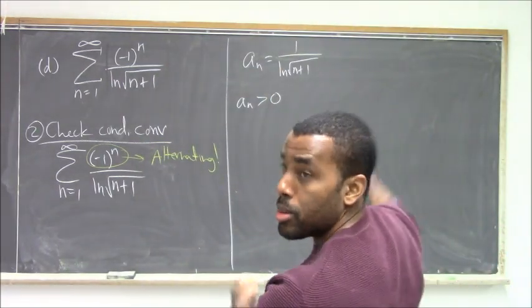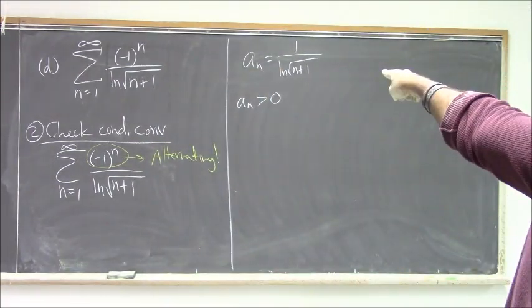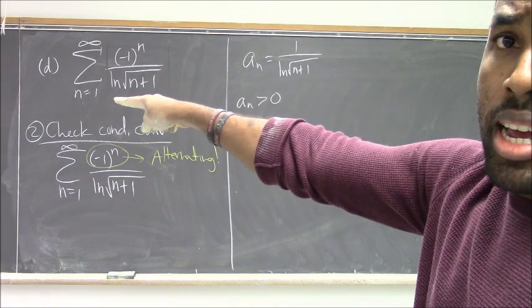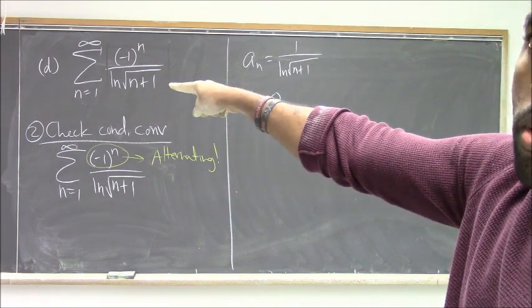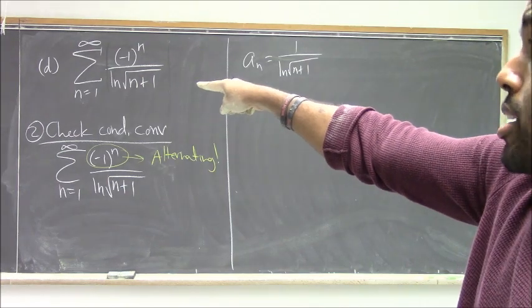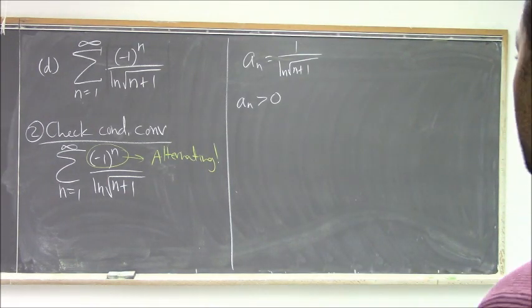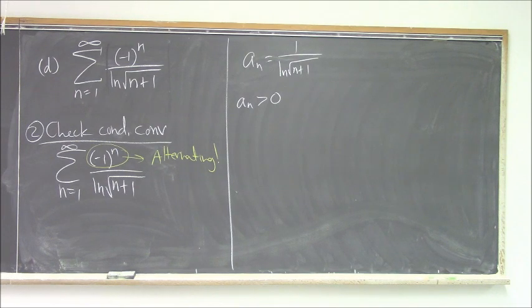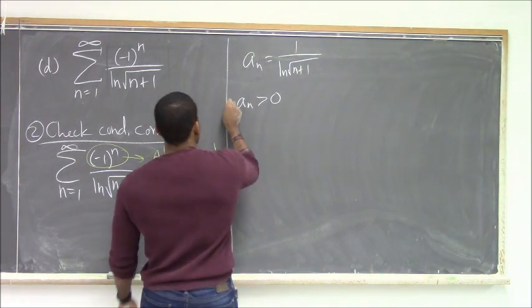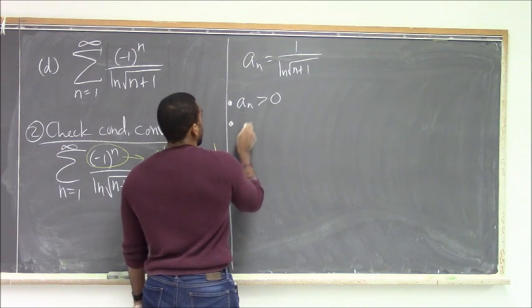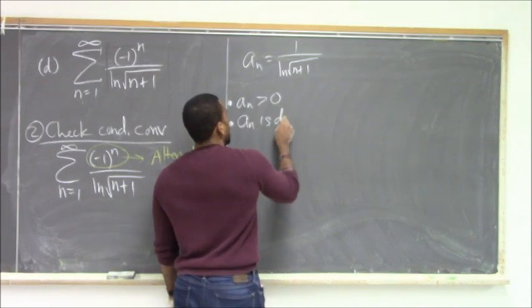Because the series is starting at n equals 1, we're starting from the log of radical 2. So that's going to be positive. So 1 over that is going to be positive. So an is positive. We also know that an is decreasing.